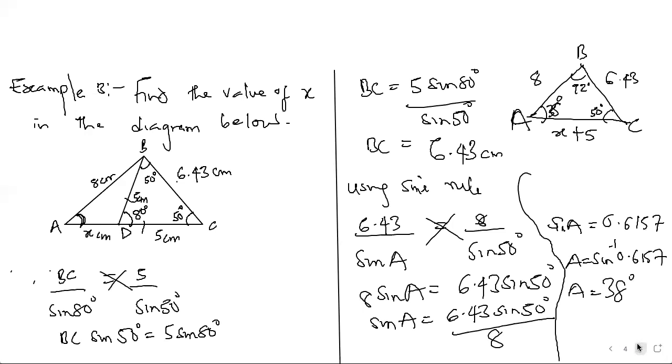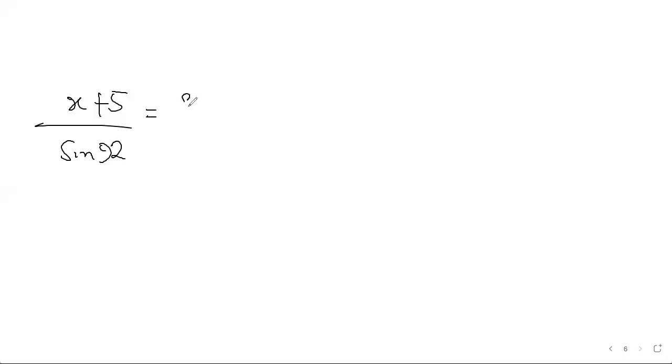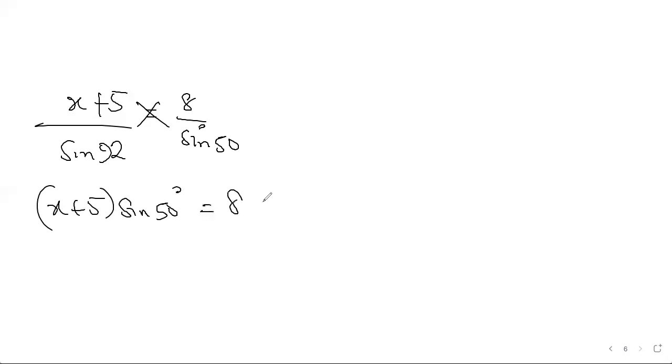So if I cross multiply, then I have X plus 5 sine 50 degrees equal to 8 sine 92.